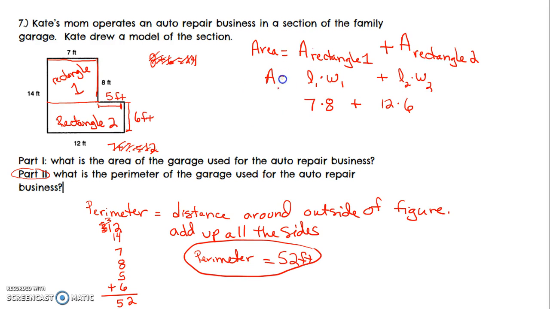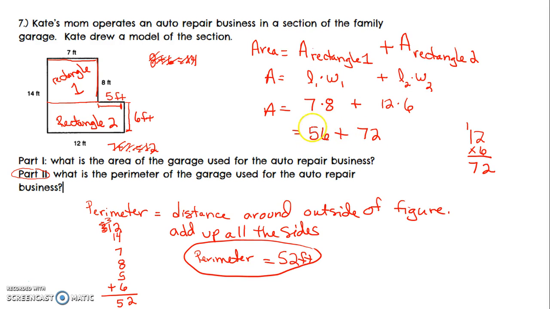So to find the overall area, you have to do 7 times 8, 12 times 6, and then add those two areas together. 7 times 8 is 56, plus 12 times 6. 6 times 2 is 12, put down a 2, carry a 1. 6 times 1 is 6, and one more is 7, so 72.